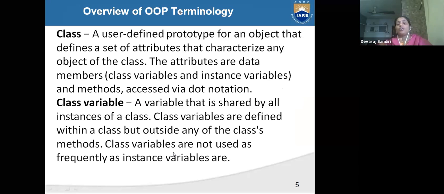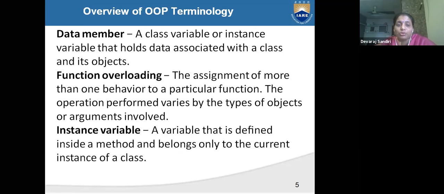Class variables are not used as frequently as instance variables. Here data members are class variables or instance variables that hold data associated with the class and its objects. We have to associate it with the class and the objects in our data members.